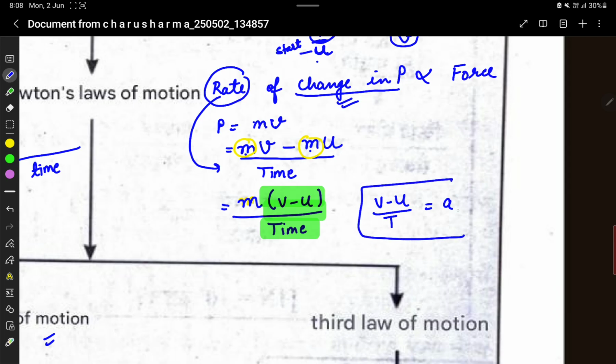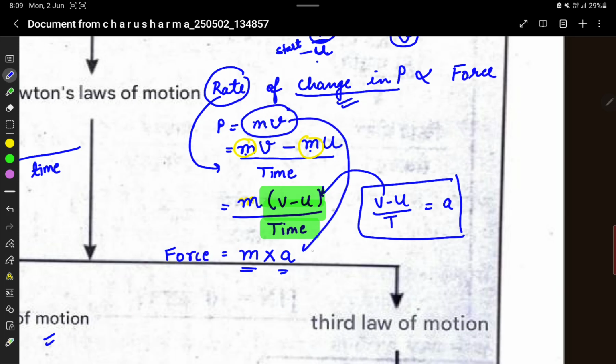So this becomes m multiplied with the acceleration. Now from the force formula, what we know is that mass into acceleration is your force. So from there we got that, and that's what the second law of motion is all about.